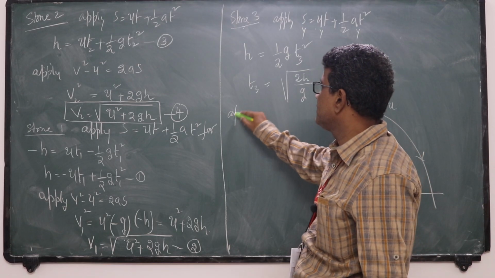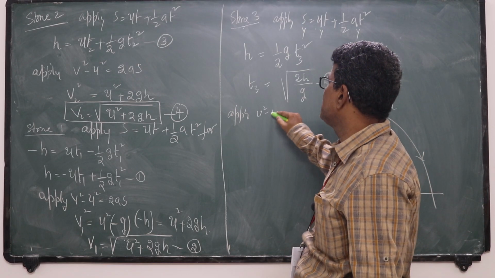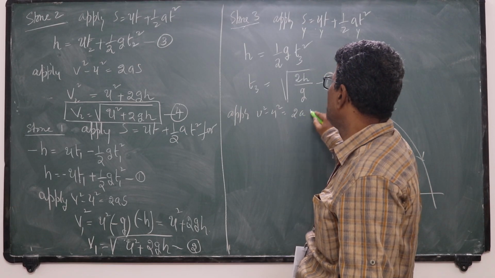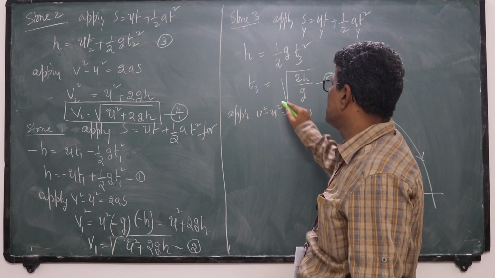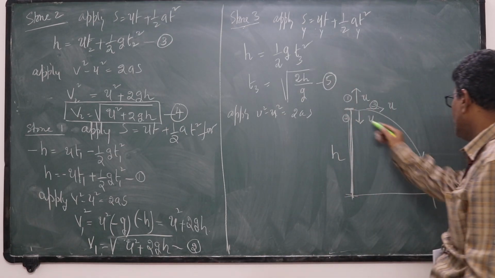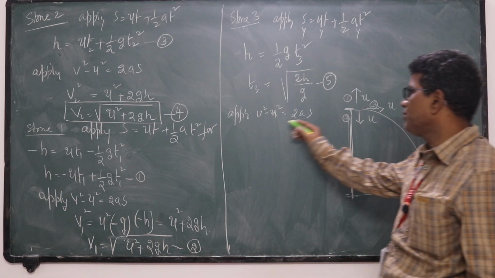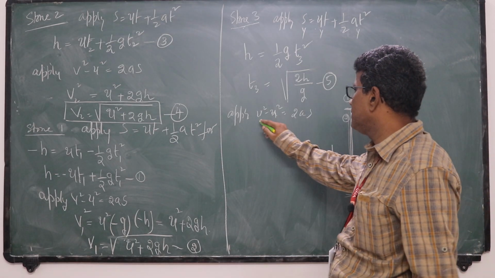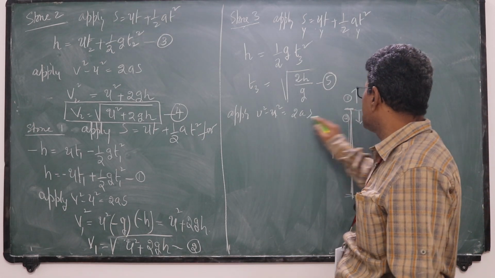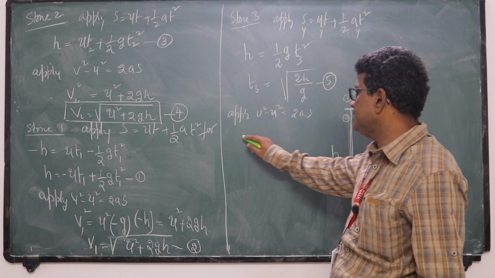Apply v square minus u square is equal to 2as. The horizontal component won't change, we proved already. So it has two components. Horizontal component is u, it won't change.